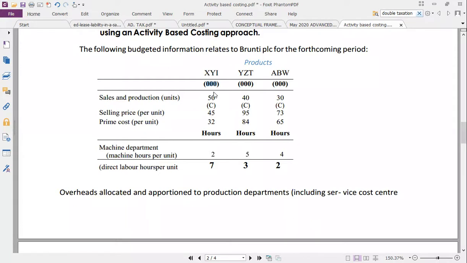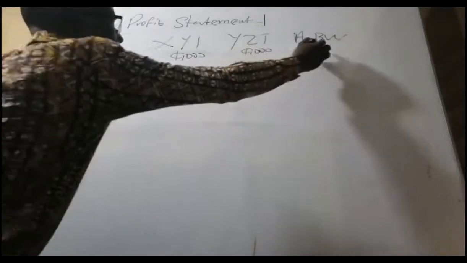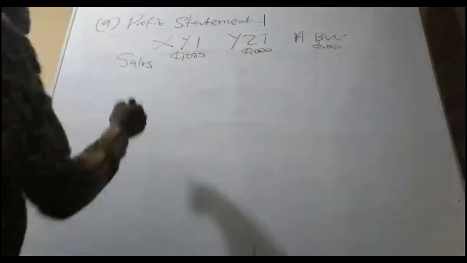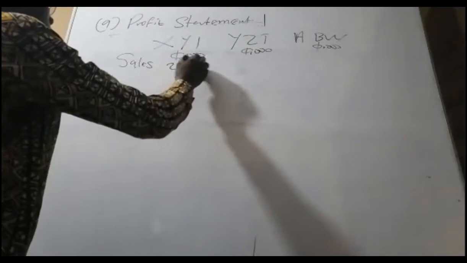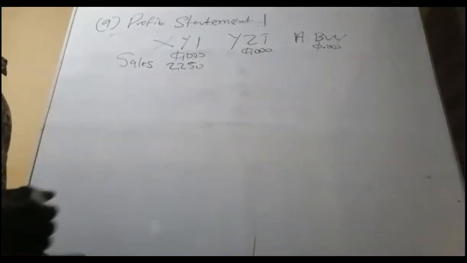So 50,000 by 45, that's 50 times 45, and that will give us 2,250. So let's go and put it in. 2,250 will be the first figure.